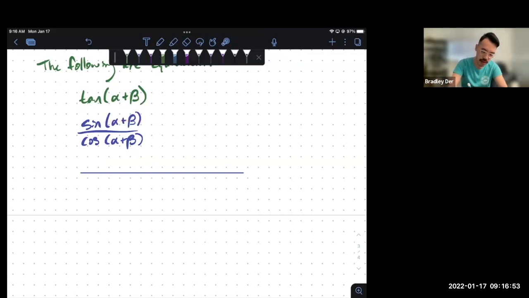But sine of alpha plus beta is going to be sine alpha cosine beta plus cosine alpha sine beta. Cosine of alpha plus beta, we can replace with cosine alpha cosine beta minus sine alpha sine beta.